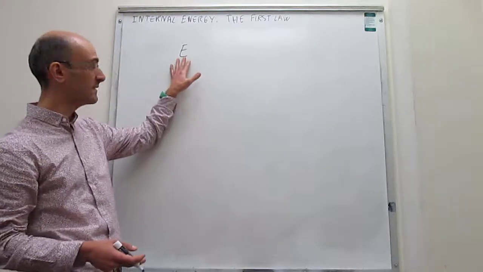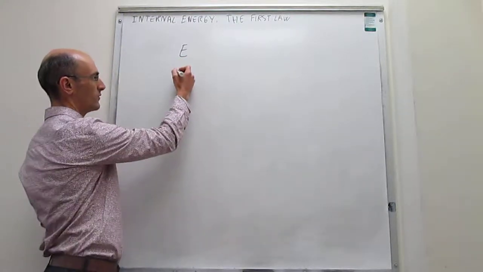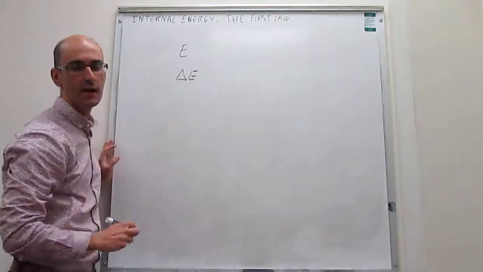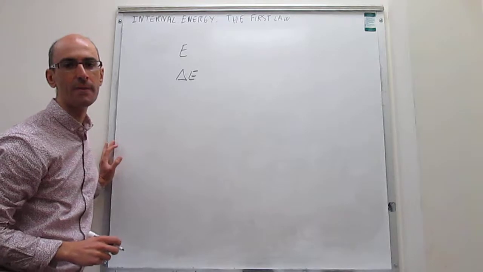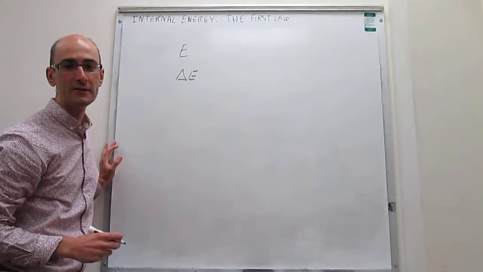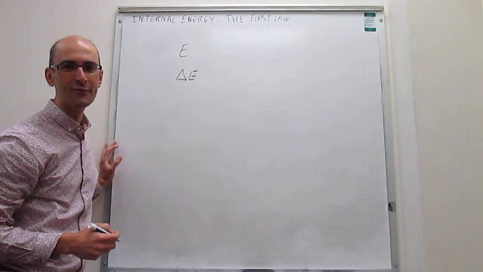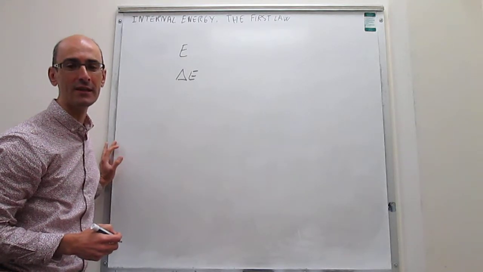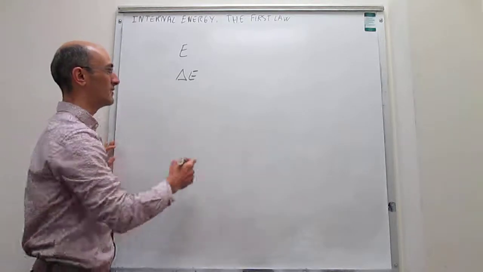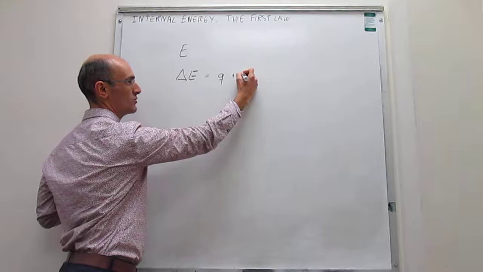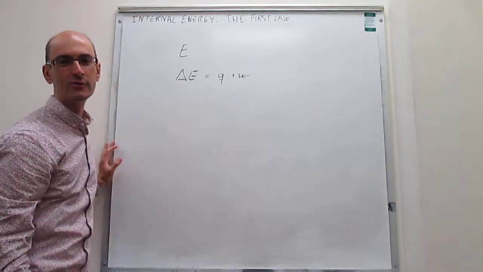So we're not interested in this E. Instead, what we can do very well is track changes to E. We can calculate this change to the internal energy. Because there's only two ways for energy to flow in and out of a system, to be transferred in and out of a system, the change to the internal energy in any system has to be the sum of those two unique ways to transfer energy.